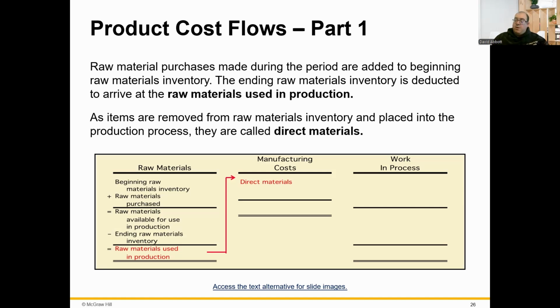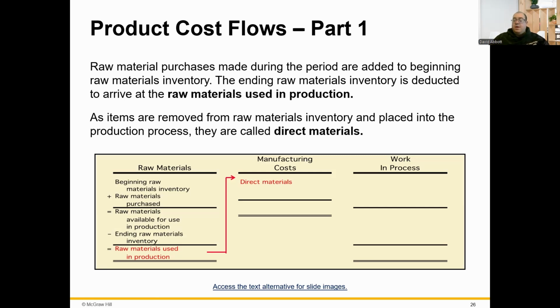So the beginning raw materials inventory plus the raw materials that were purchased equals what was available for production. Subtract from that the ending raw materials inventory, and you would get the amount of raw materials that were used in production.